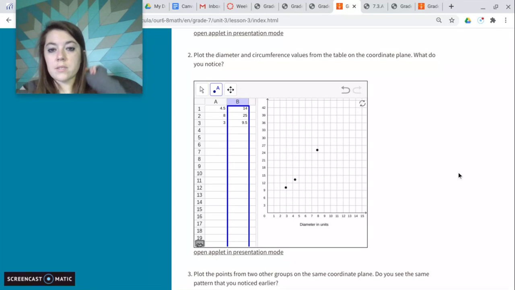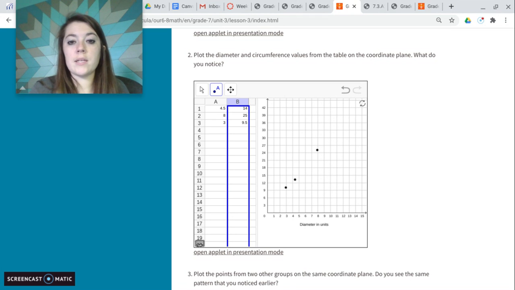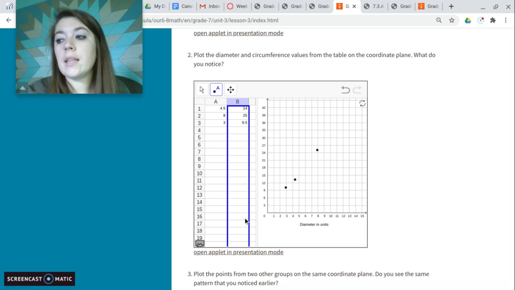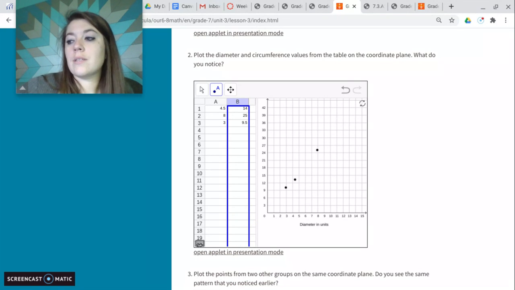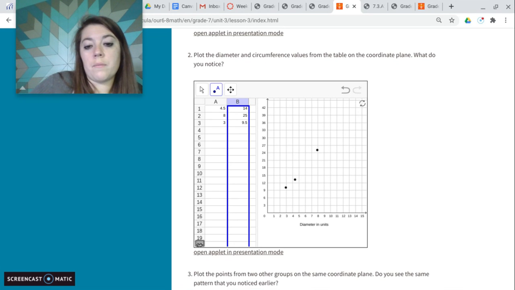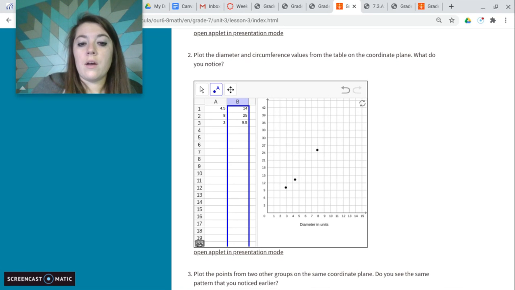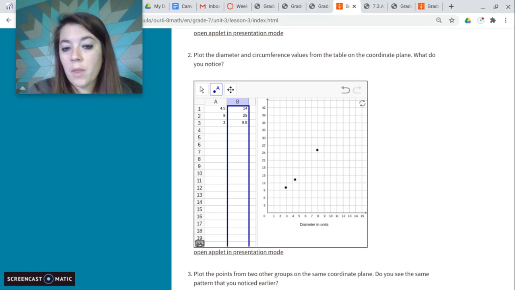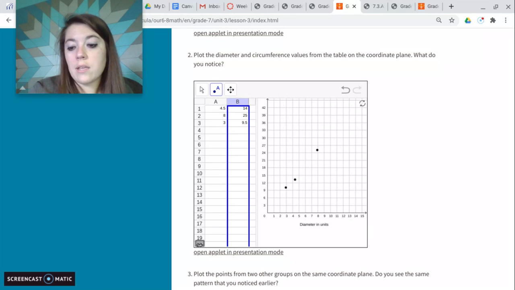So what do we notice? The relationship between our diameter and our circumference appears to be in a line. So it looks as though we have a line that it's forming. Obviously, there's some sort of constant value that we're multiplying by each time in each case.